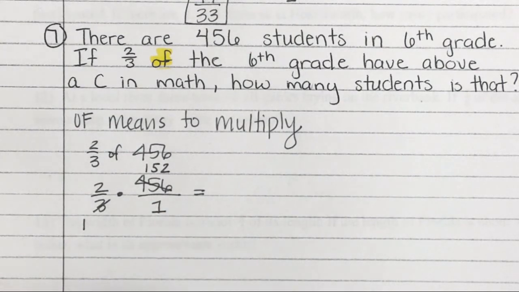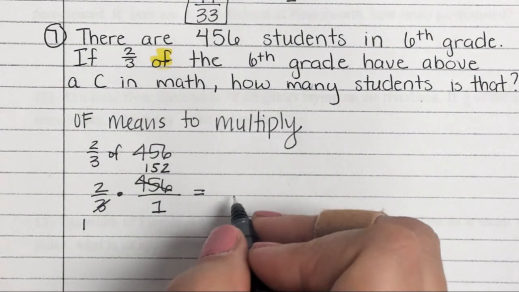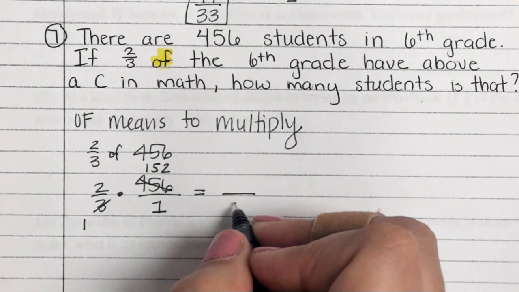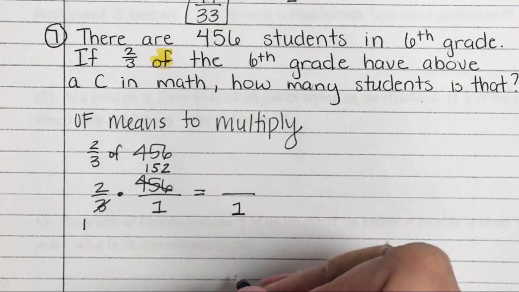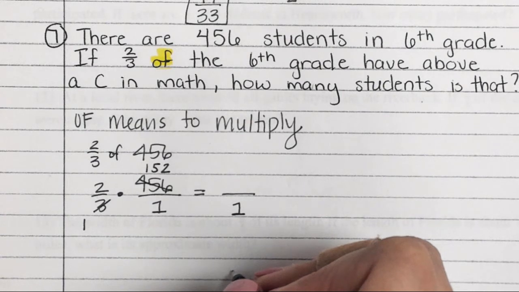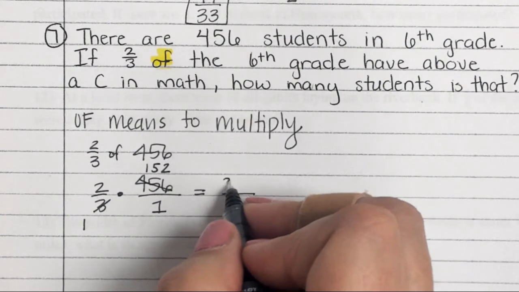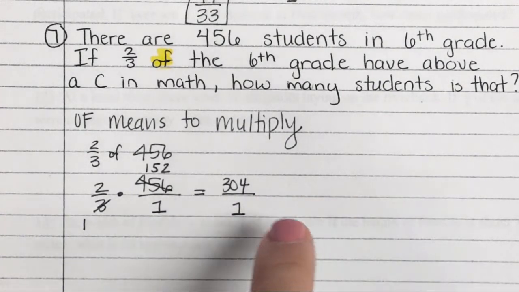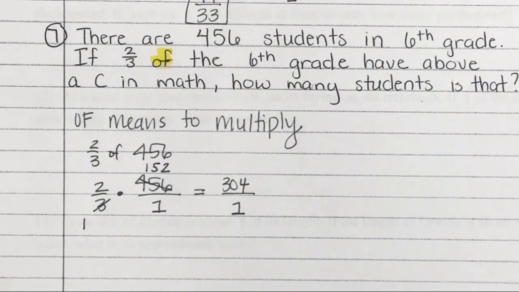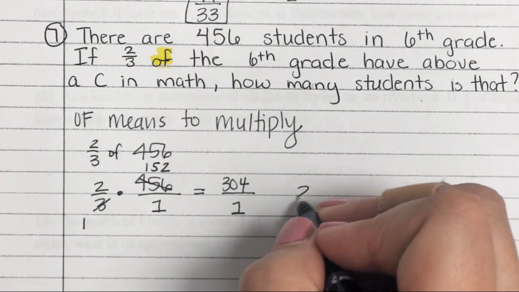Now we can multiply. What is 152 times 2? 304. Very good. Okay? 304 over 1 we know is equal to what? 304.